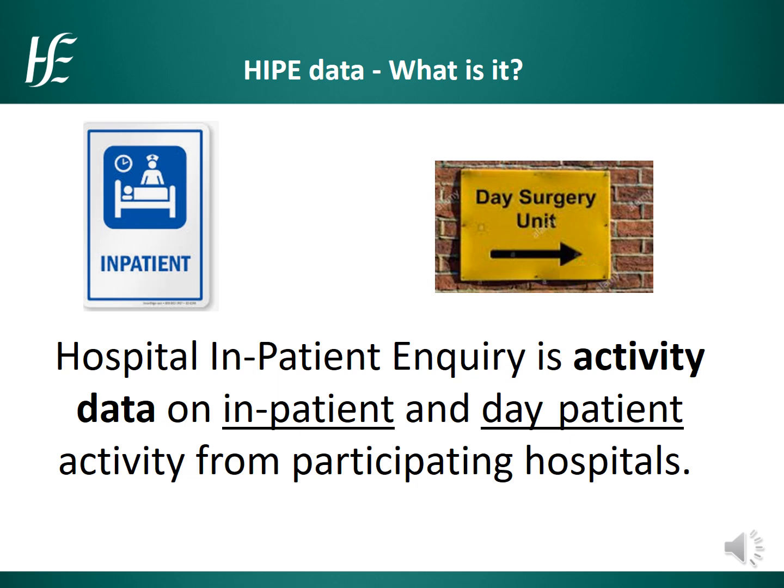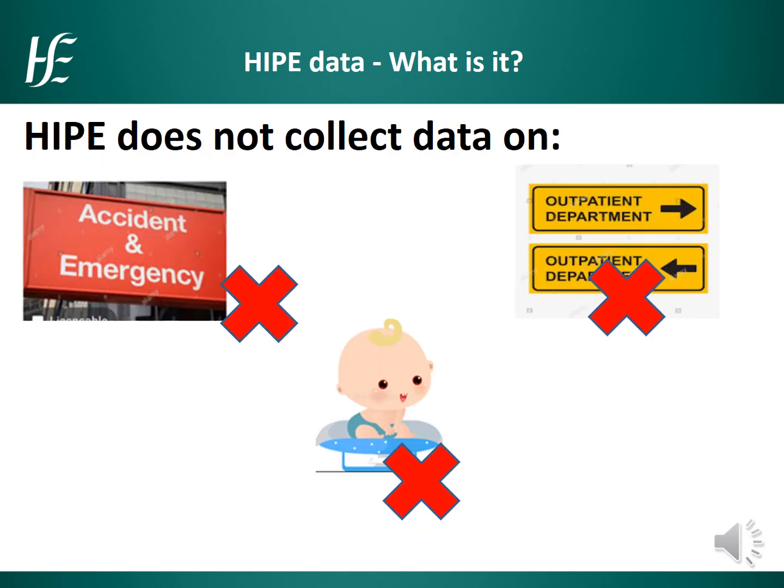So what is HIPE data? Hospital Inpatient Inquiry is activity data on inpatient and day patient activity from participating hospitals. HIPE does not collect information on A&E, outpatient activity, clinics or well babies.